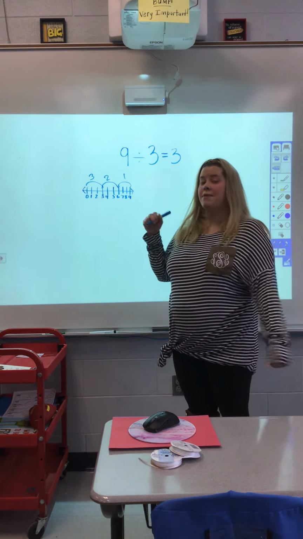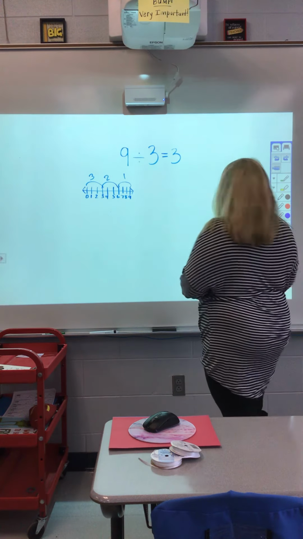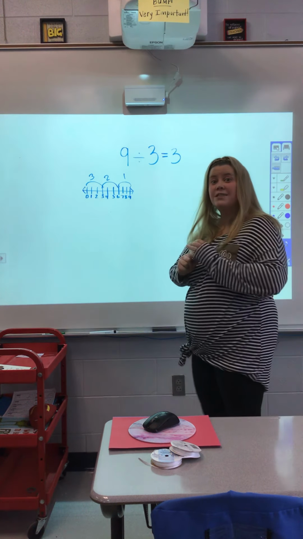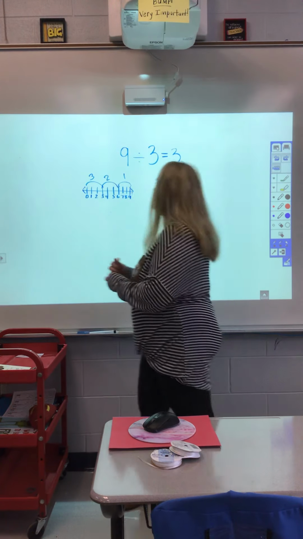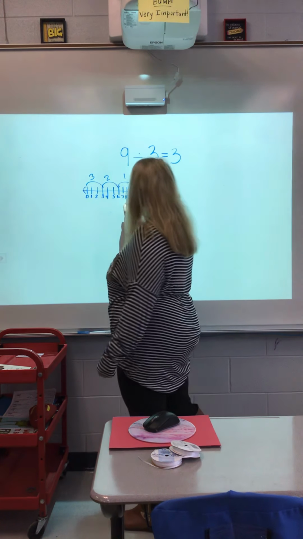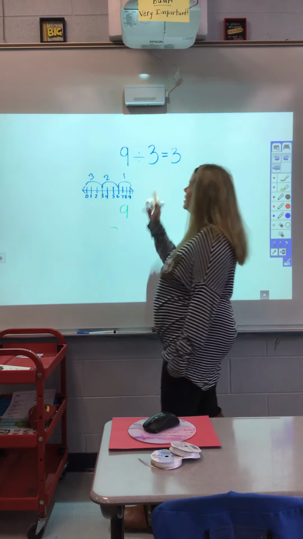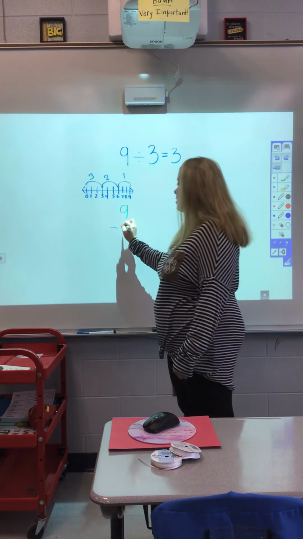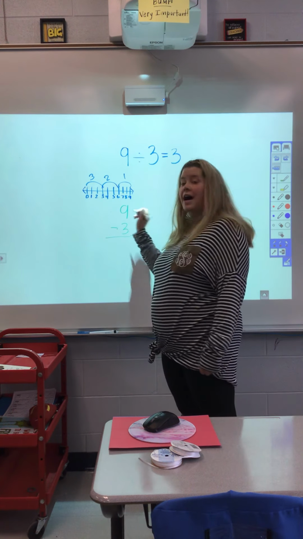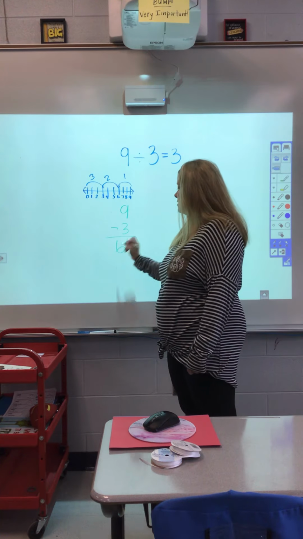Good, so that was our number line method. Now, let's use repeated subtraction. Okay, I start with my big number. How many do I subtract? 3. 9 minus 3 is 6.